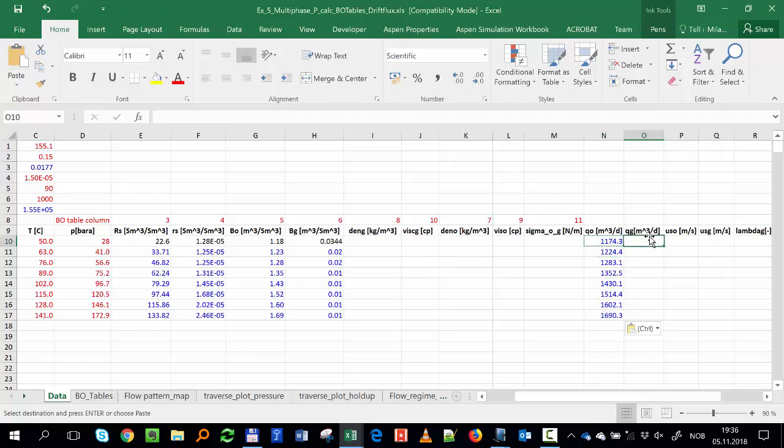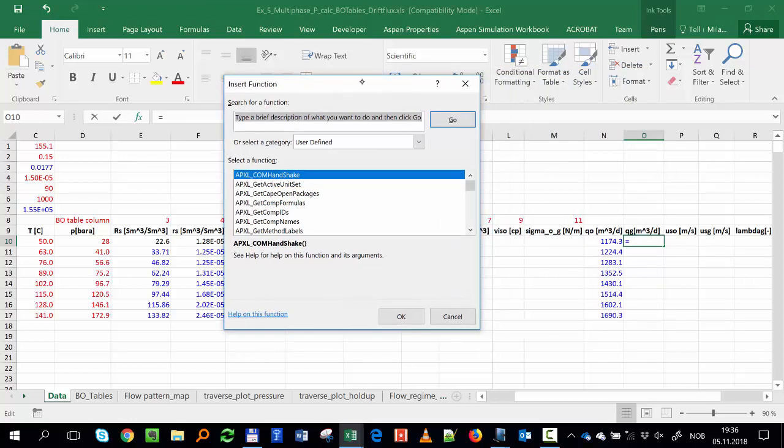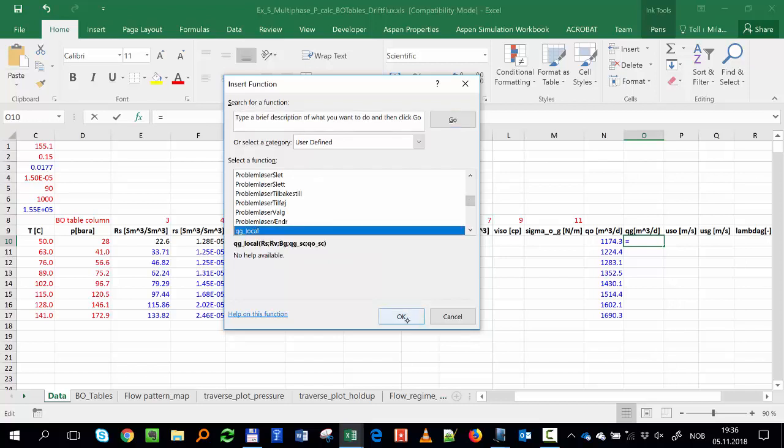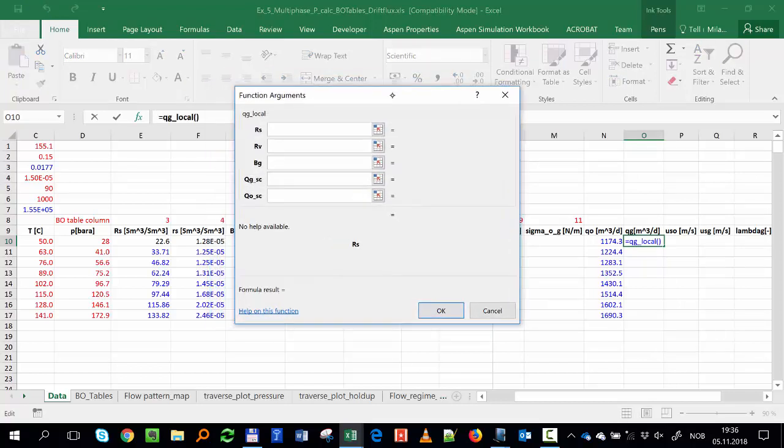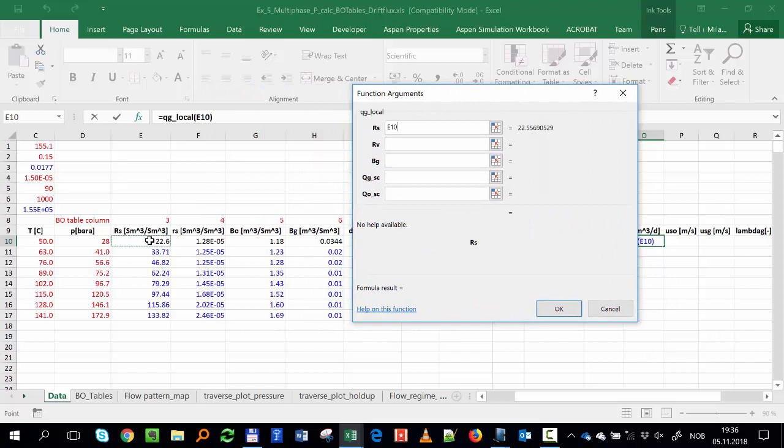Now let's calculate Q gas. That's Q gas local. It's RS, RV, BG, Q gas, and I block it, and Q oil, I block it.